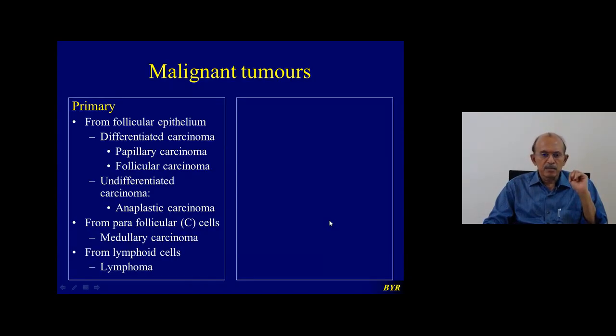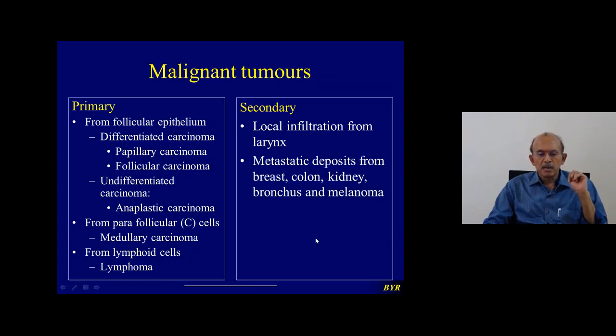From lymphoid cells, there is lymphoma. The secondary tumors: local infiltration from larynx or trachea, and metastatic deposits from breast, colon, kidney, bronchus, and melanoma. So from these organs, the tumors can metastasize to the thyroid gland.